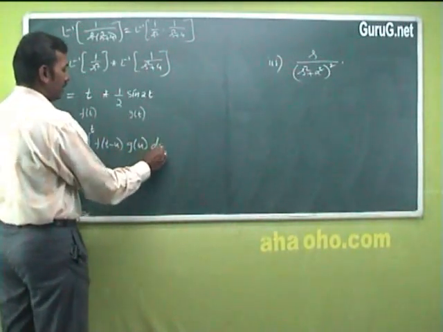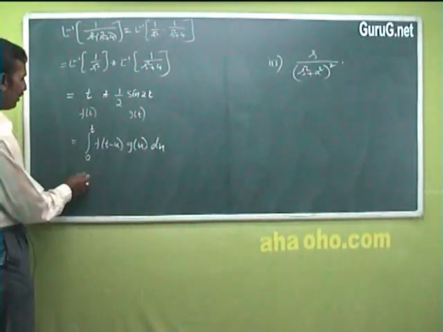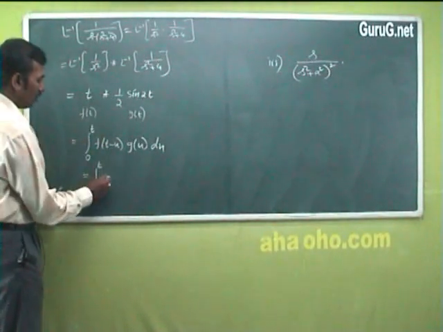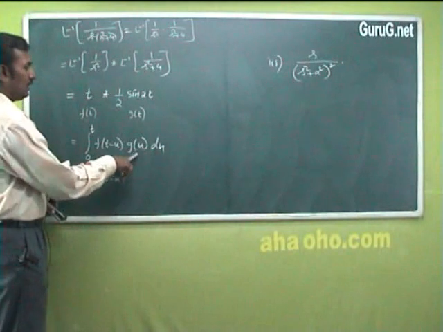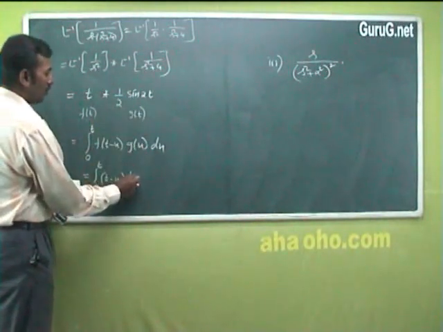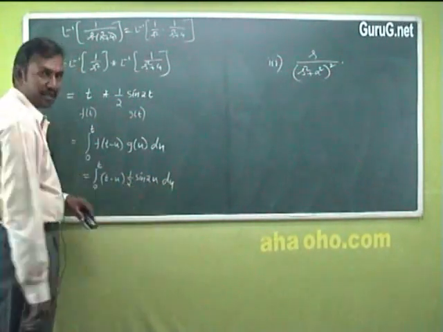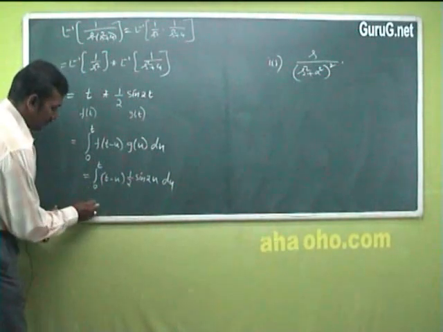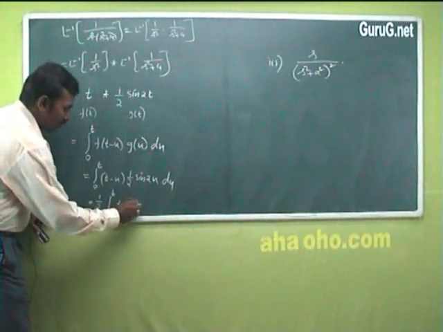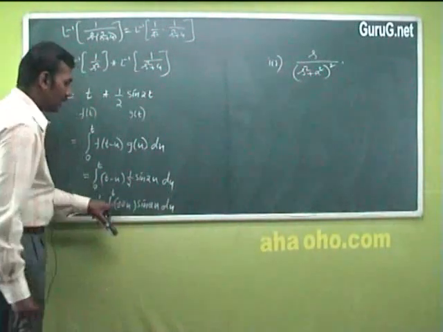How can we write it conveniently? This is how I have written it in this lesson. The integral 0 to t, f of t minus u, where f of t is t, so t minus u, and g of u, where g of t is 1 by 2 sin 2t, so g of u is 1 by 2 sin 2u du. Now I take this 1 by 2 outside. So 1 by 2 into the integral 0 to t, t minus u sin 2u du. Now we integrate this.